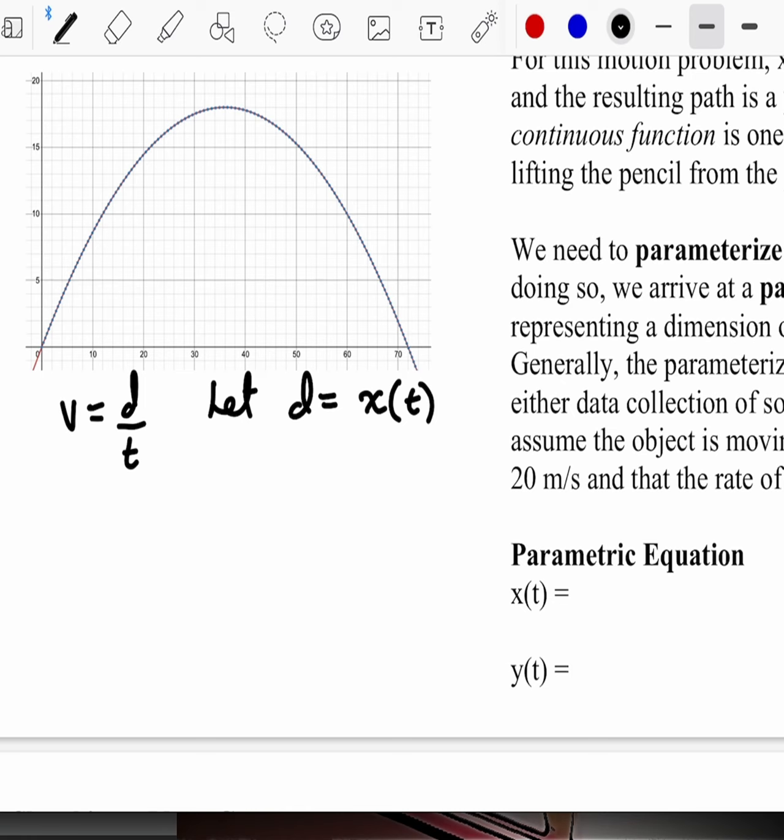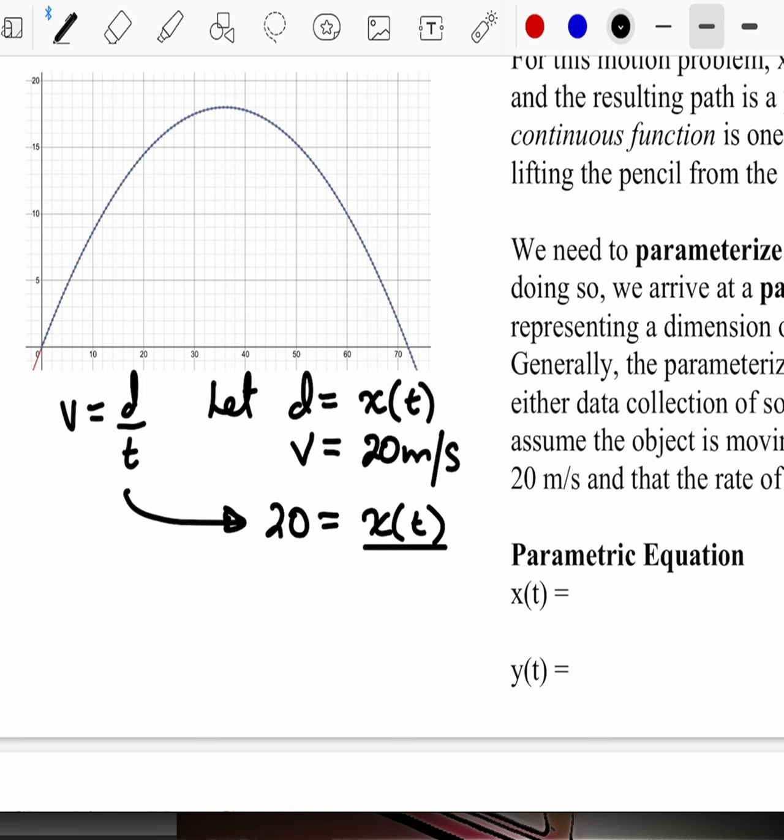All right, my t is unknown, but they're telling us the velocity is 20 meters per second. So I could say, just based off of this relationship, that 20 is equal to x of t over t.